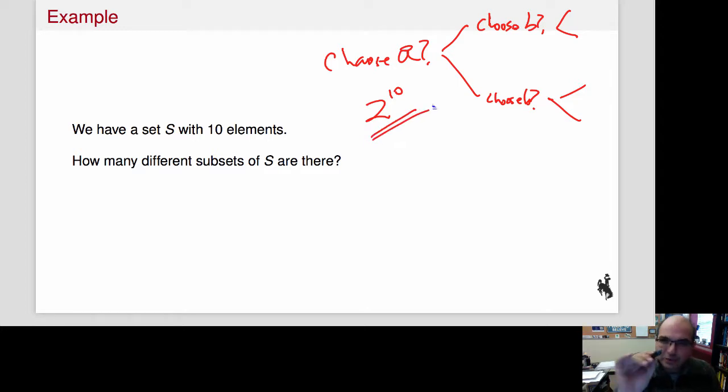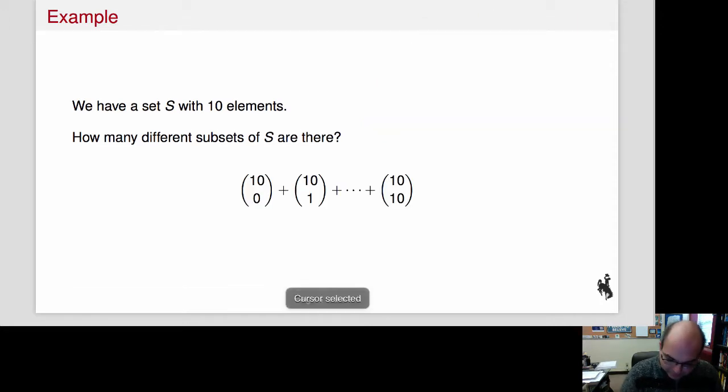But here's a different way of finding that same answer. What I'm going to say is that I'm going to count the different ways using the choose function.